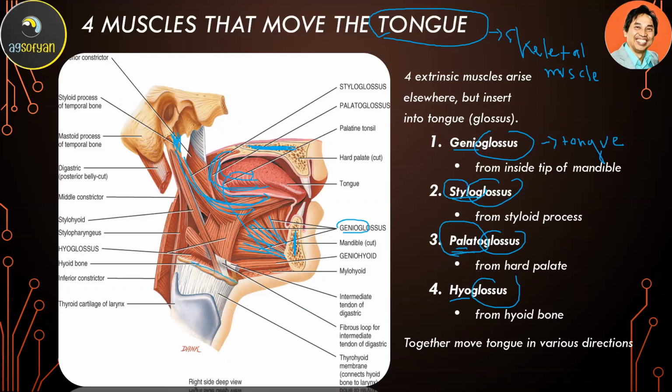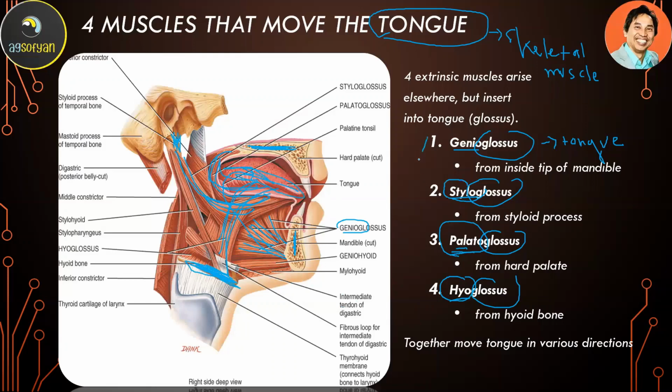Remember, there is the hyoid bone in our neck, the only bone that is not connected with other bones. When the muscle starts from the hyoid bone and goes to the tongue, we call it the hyoglossus muscle.